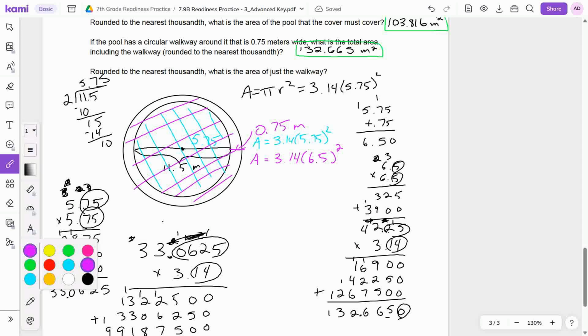I don't need to do much more calculation. I've already found both, right? So this blue one right here was 103.816. This purple one, we just figured out 132.665.